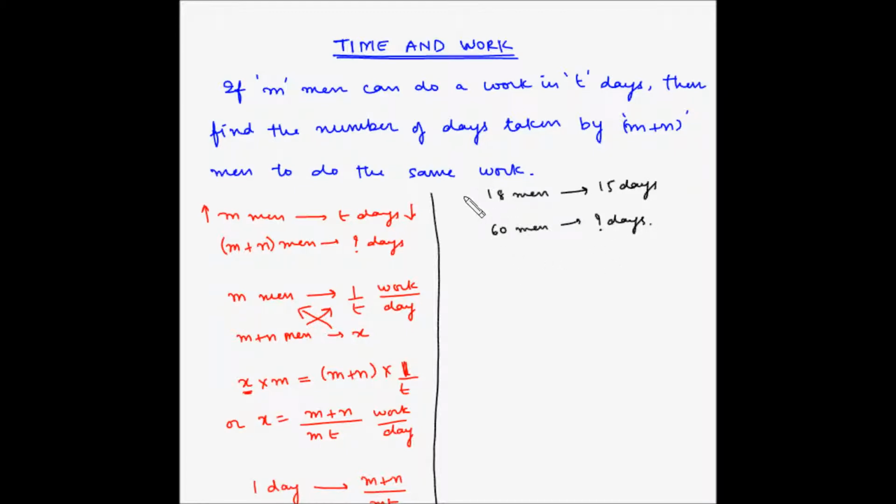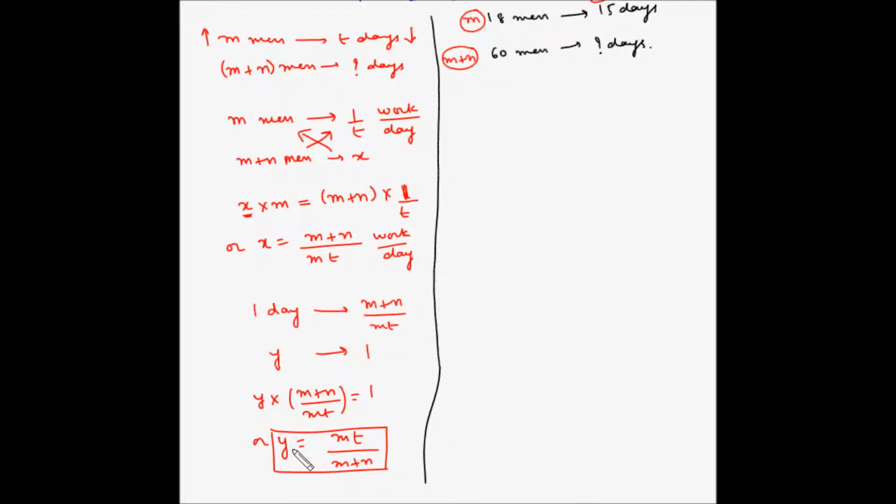So here m is 18, t is 15, m plus n is 60, and we have to find out y.